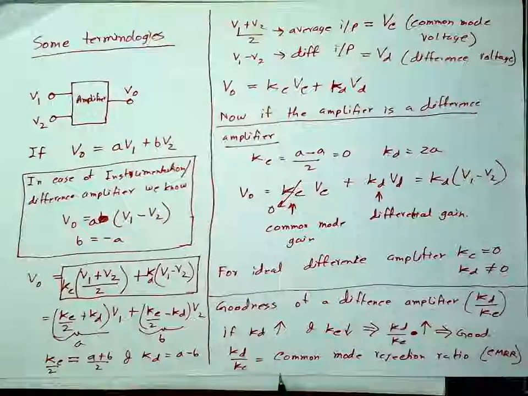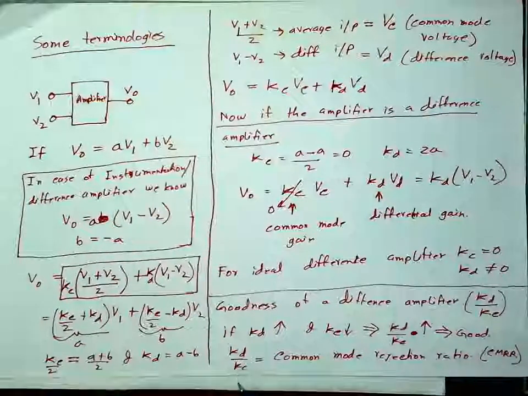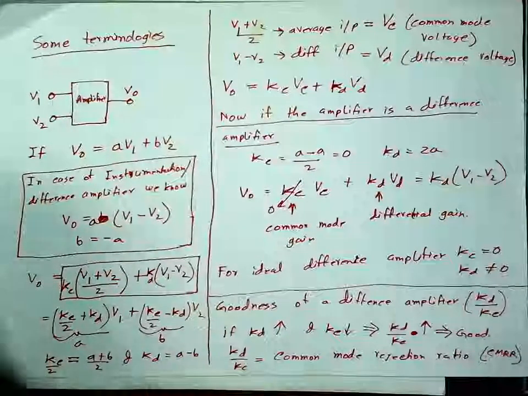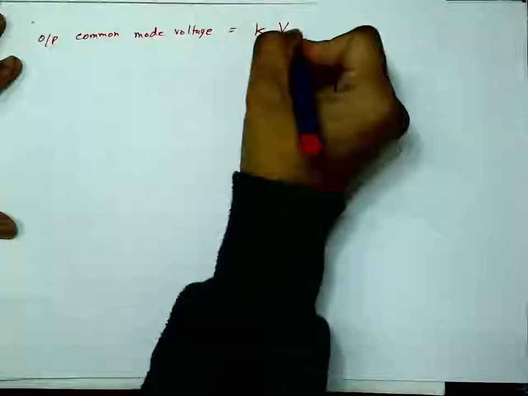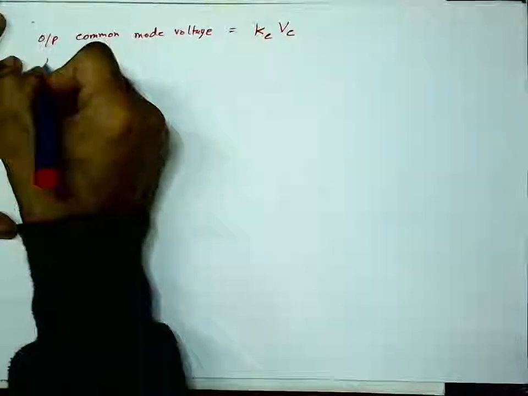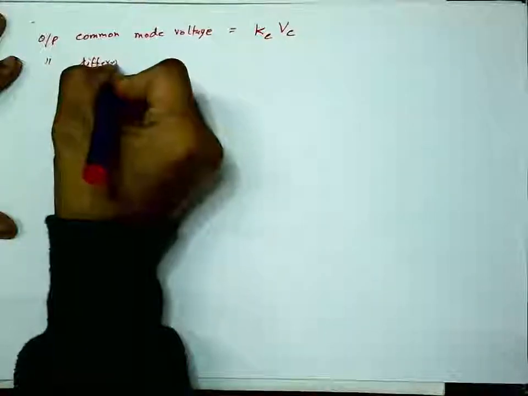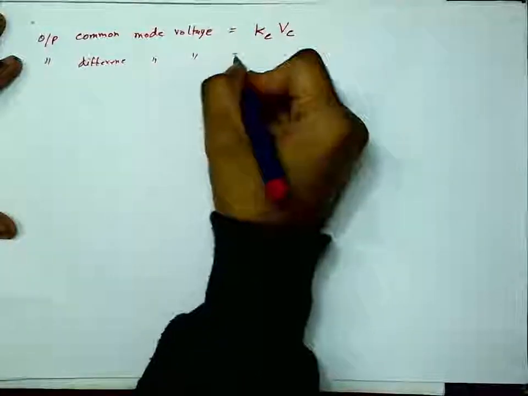Often, many a times, this is represented in decibels. How? It's simple. So the output common mode voltage will be equal to Kc times Vc, and the output difference mode voltage depends on Kd times Vd.